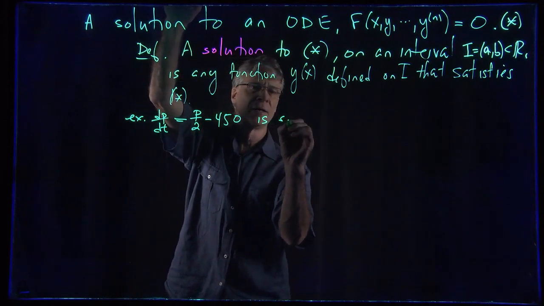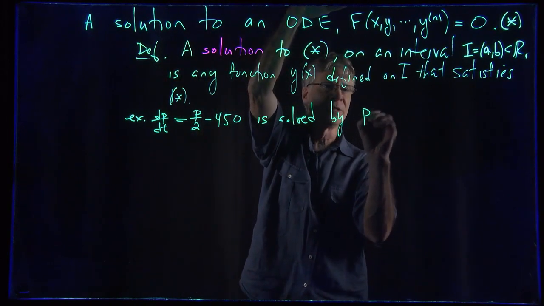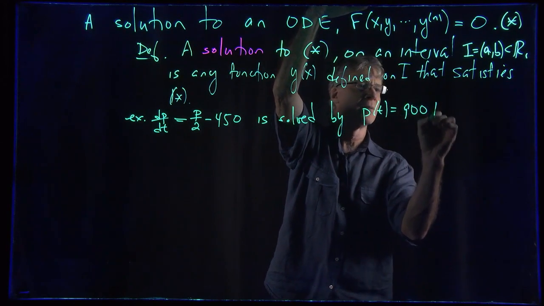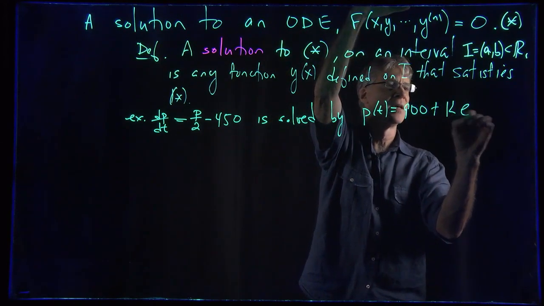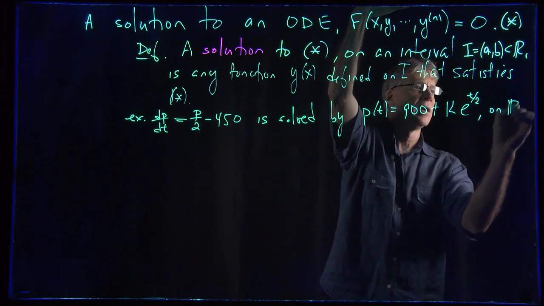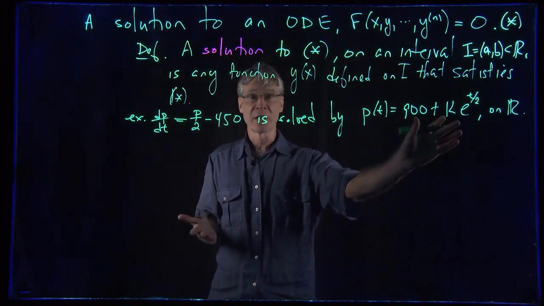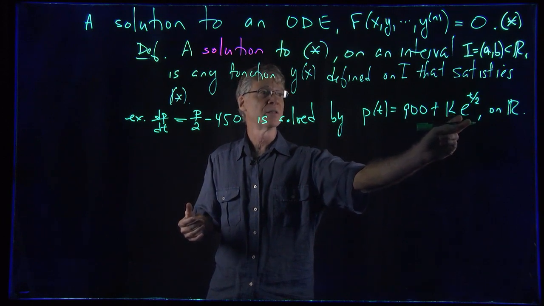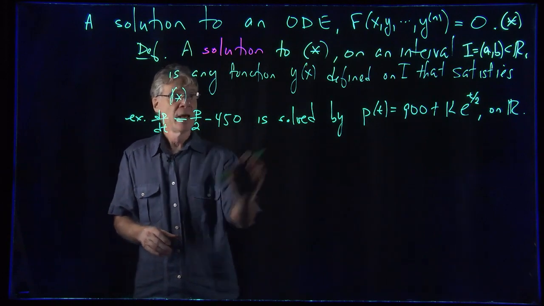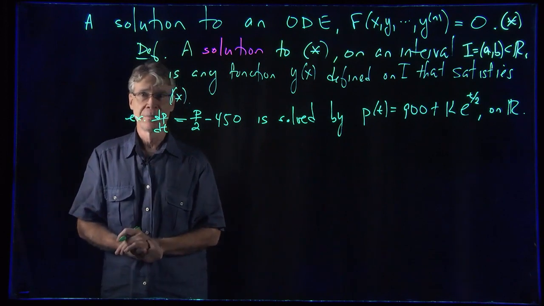This is solved by the function p of t equals 900 plus some constant times e to the t over 2. And you can tell that this is defined on all of R because it's really just the sum of a constant plus another constant times an exponential. So it's defined on all time, basically. Okay? This function solves this differential equation.